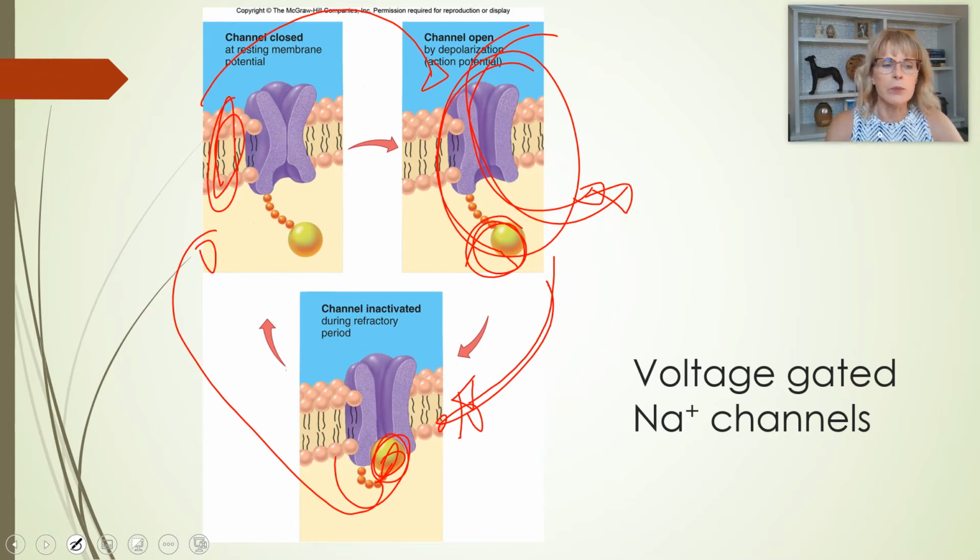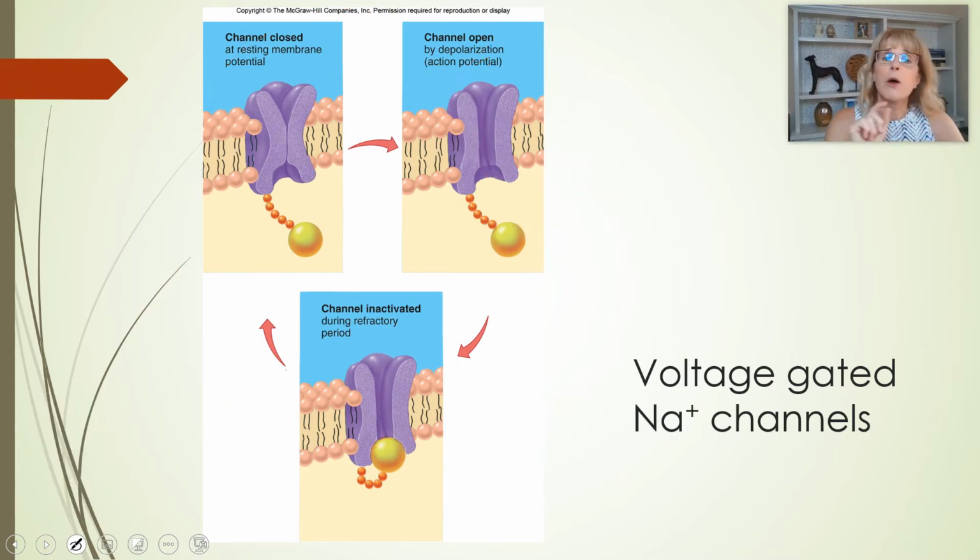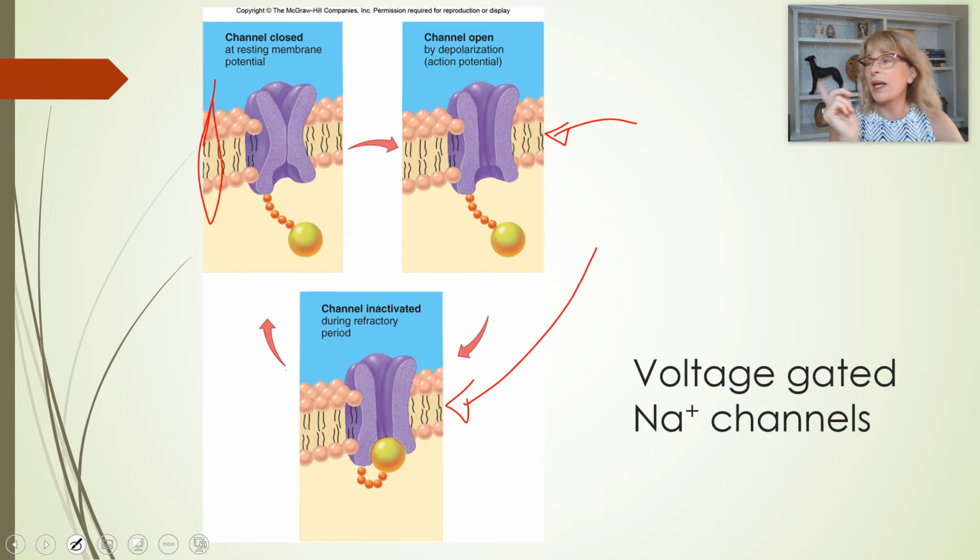So voltage-gated sodium channels have more than two settings. Most channels are either open or closed. Voltage-gated sodium channel is different. It can be closed, in which case a change in voltage will open it. It can be open, in which case sodium's flowing through it, or it can be in this refractory period where it doesn't care what the voltage is, and it also won't let sodium go through it. And then it goes back to being closed, but vulnerable to being opened by voltage.